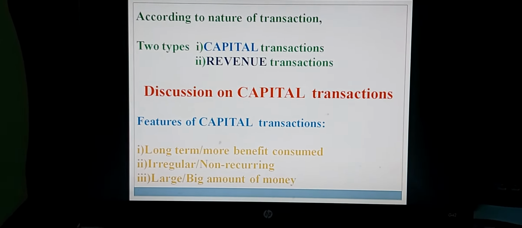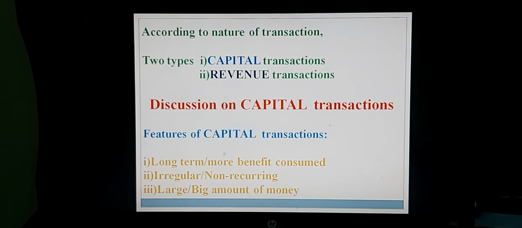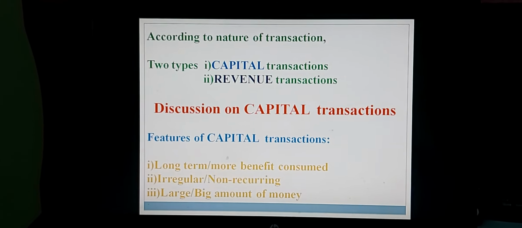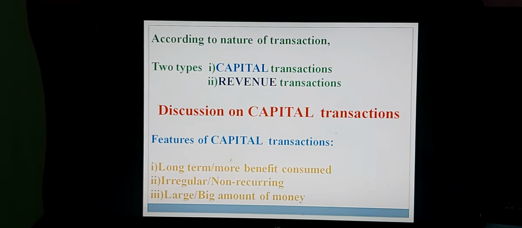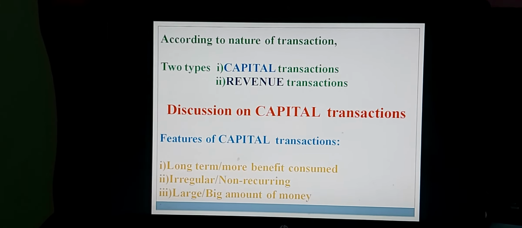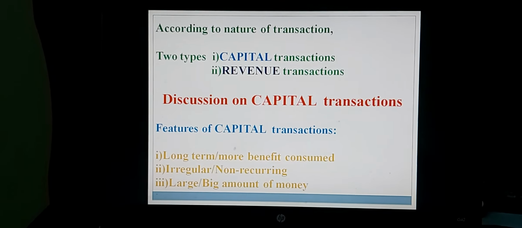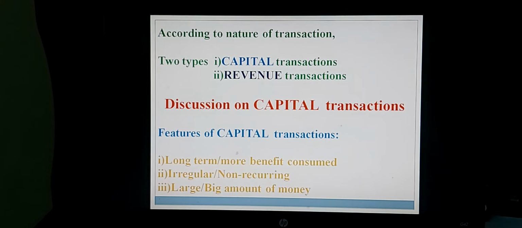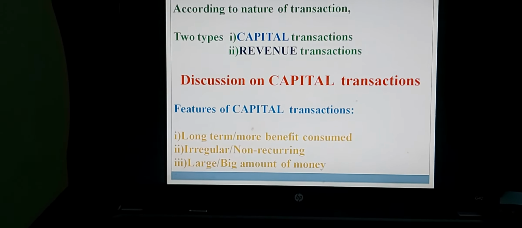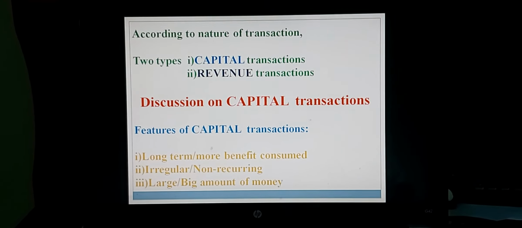So you can say the features or characteristics of capital transactions are long term or more benefit consumed. It's an irregular and non-recurring transaction. It's related to a large or big amount of money.